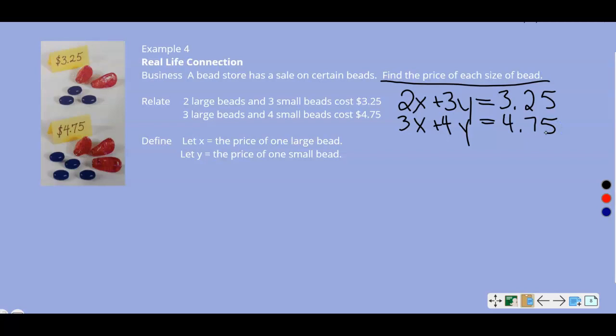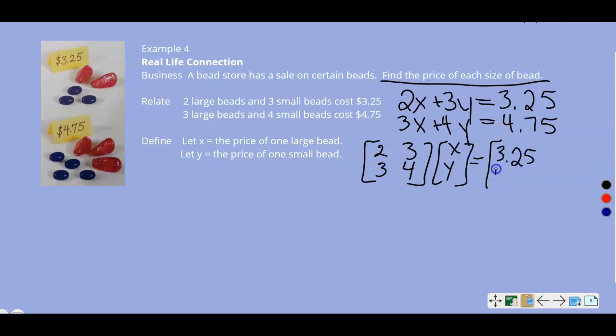We could write it in an augmented matrix if we wanted to. We also could write it in separate matrices, which is what I like to do. So I'm going to write it as 2, 3, 3, 4, and then X, Y, and then put my constants, 325 and 475.